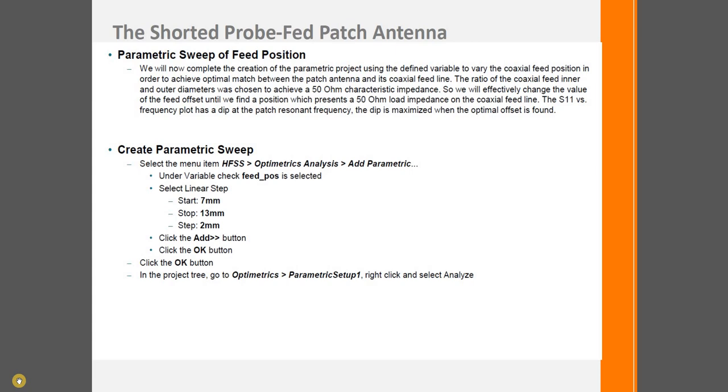So in order to create a parametric sweep, we go to the HFSS toolbar and select Optimetrics analysis and select add parametric. Under the variable feed position, we can select it and select the linear step from start 7 mm to 13 mm by a step size of 2 mm.